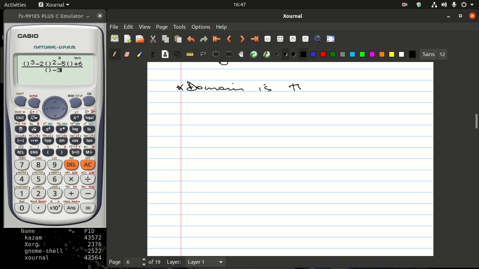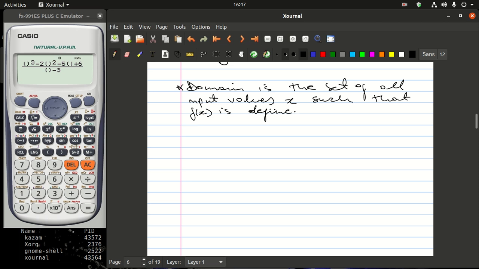Domain is the set of all input values x such that f of x is defined. Right, that's what a domain is. And the range is the set of all the possible outputs of f of x. It's simply as that.